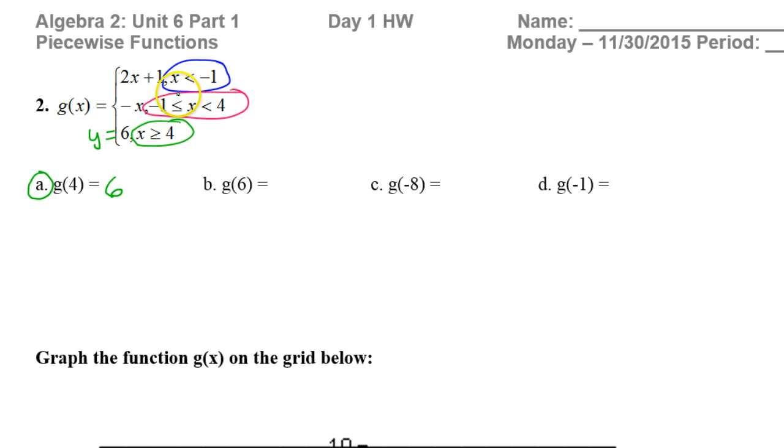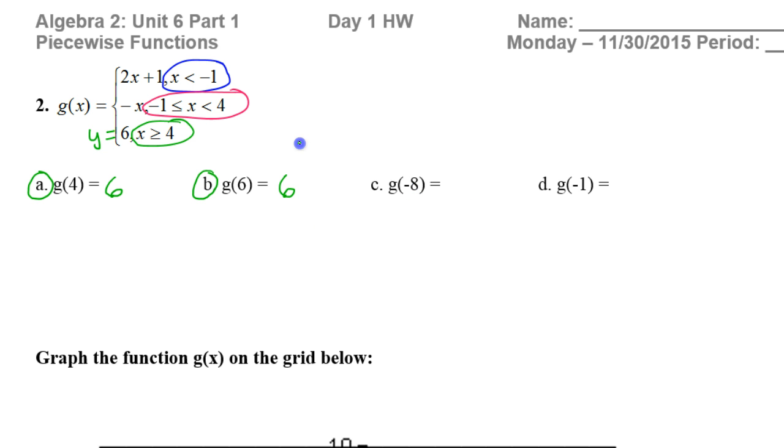Well, is that less than -1? No. Is it between -1 and 4? No. Is it greater than or equal to 4? Yes. So we're in the green situation once again. 6 is greater than 4. And again, anytime the x value is greater than or equal to 4, the value of the function will be 6. So this will be 6 once again.